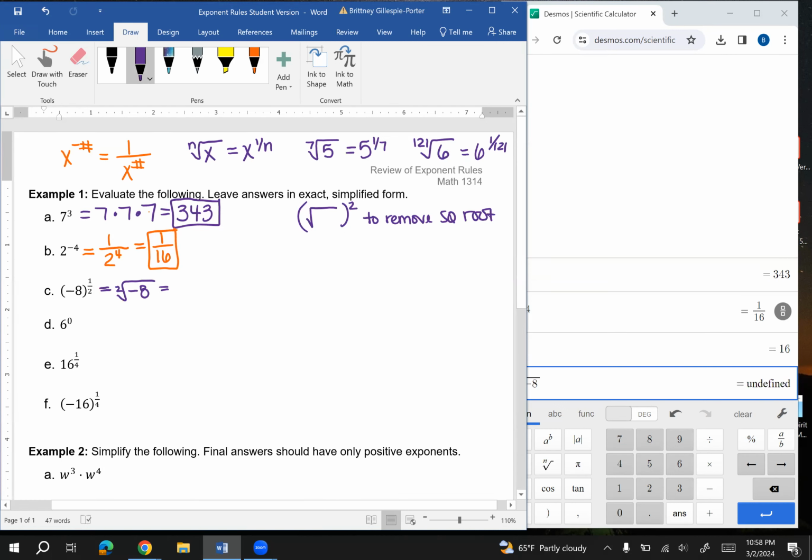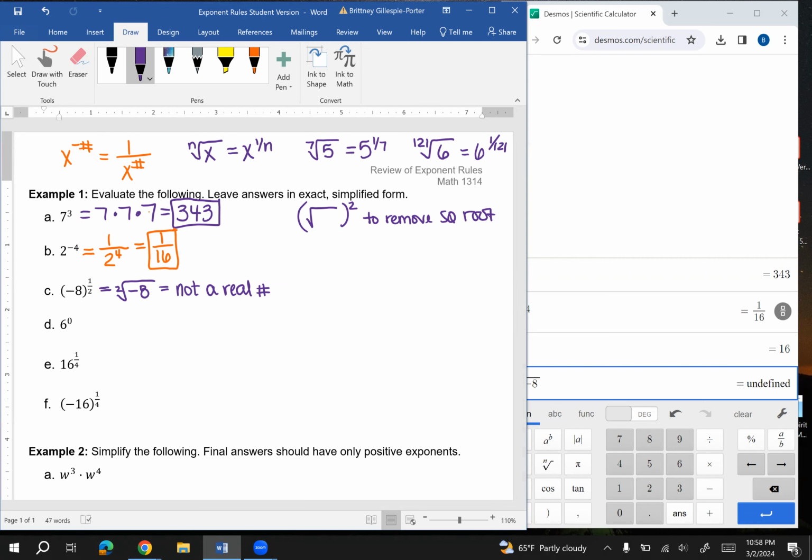Here we're going to say it's not a real number, because we're going to concentrate on the real numbers. We've already reviewed how if we have a negative under the radical, it becomes an i out front.